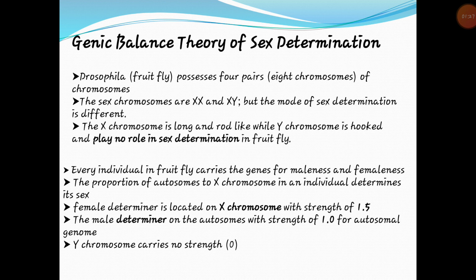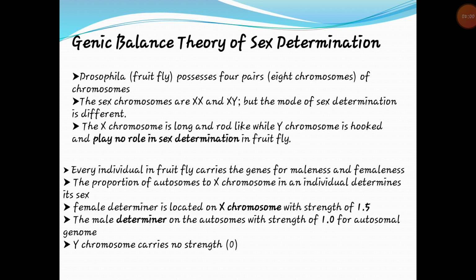Every individual fruit fly carries the genes for maleness and femaleness, and the proportion of autosomes to X chromosomes in an individual determines its sex. Calvin B. Bridges showed that the female determiner is located on the X chromosome with a strength of 1.5 and the male determiner on the autosomes with a strength of 1.0 for the autosomal genome.